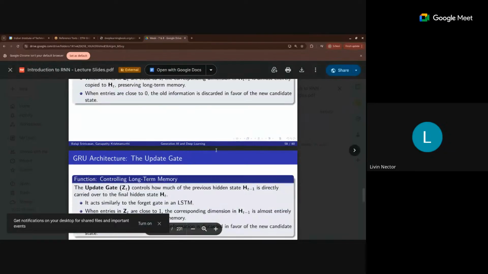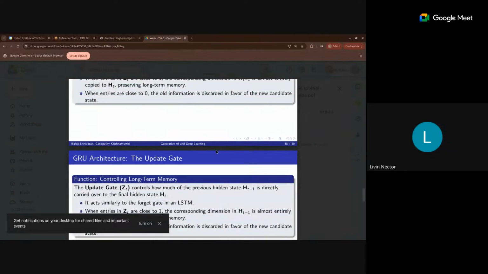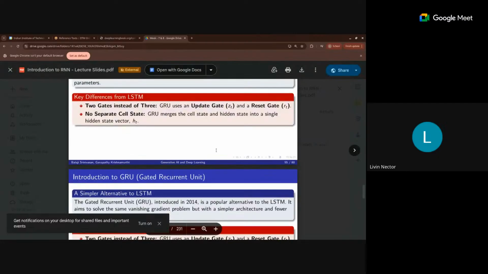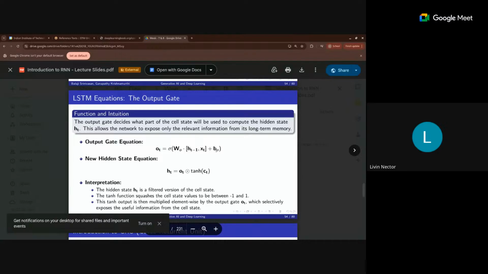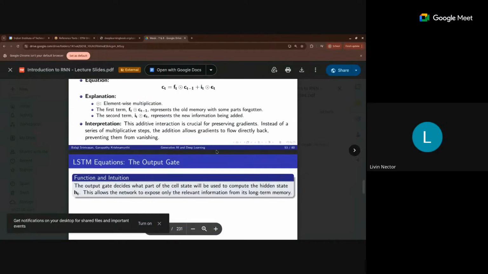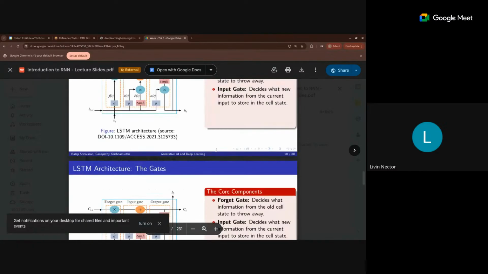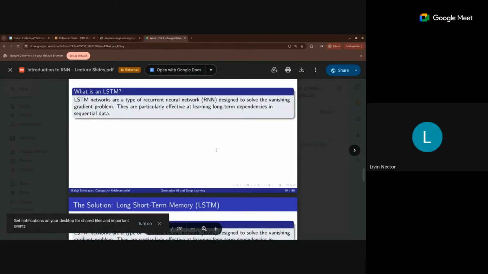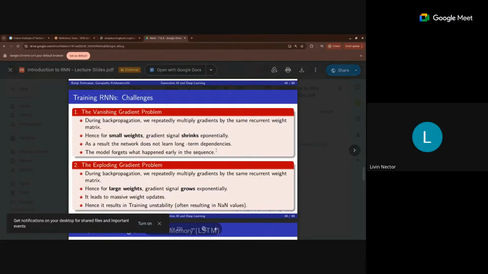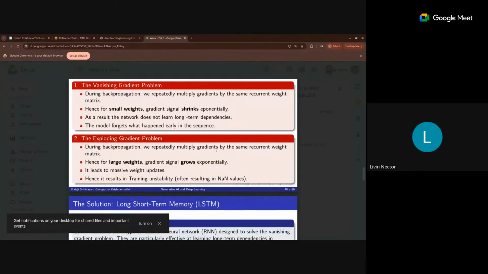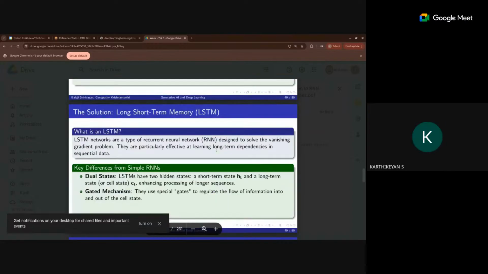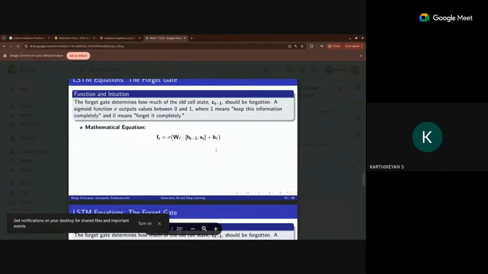I think we now may want to see why this is solving these problems. Maybe the lecture professor should have addressed this.